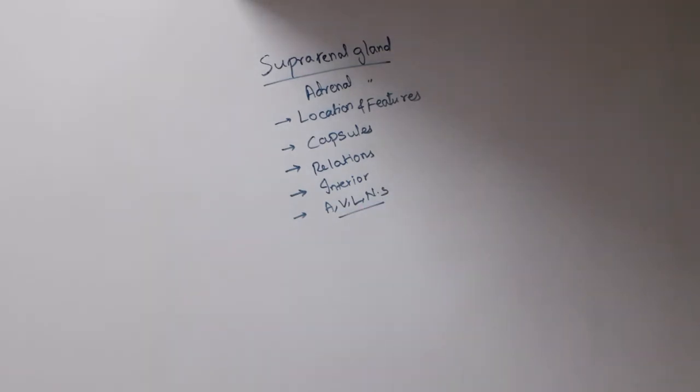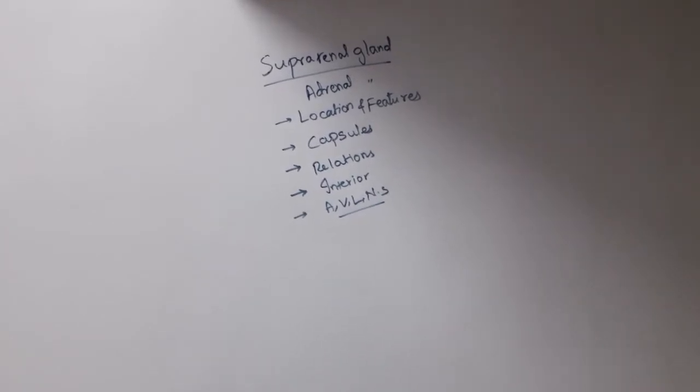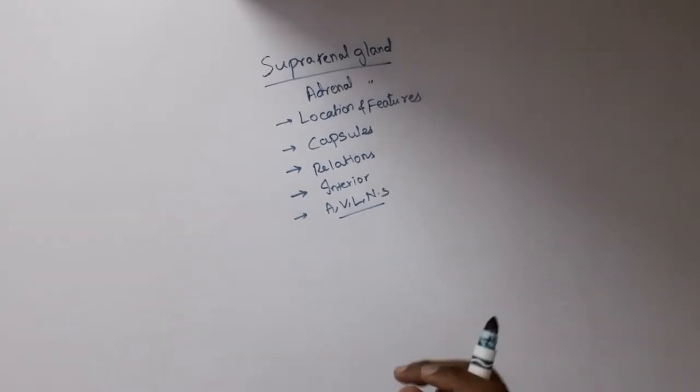So where do you get the suprarenal gland? Suprarenal gland is related with the apical part, or you can say the upper part, of the kidney. Both are located on the right and the left side, on either side of the vertebral column.